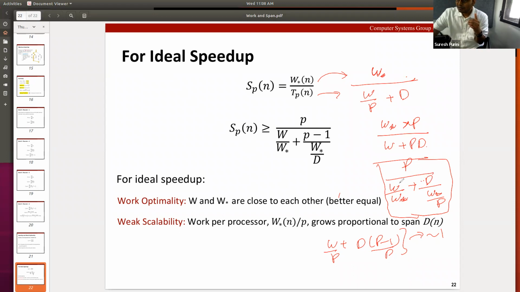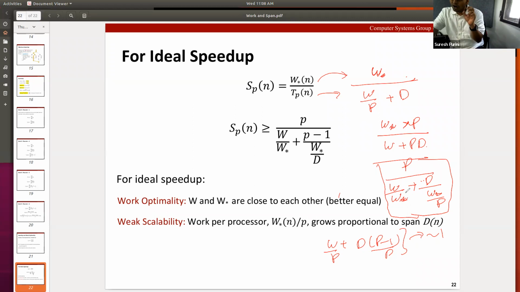But if the denominator is constant, let's say equal to 1 or 1.2 or something like that, then that is great, because even if the problem size increases, the speed ups that we are going to get remain the same. We get constant speed ups. In order for that to happen, this W by W star has to be equal to a constant.